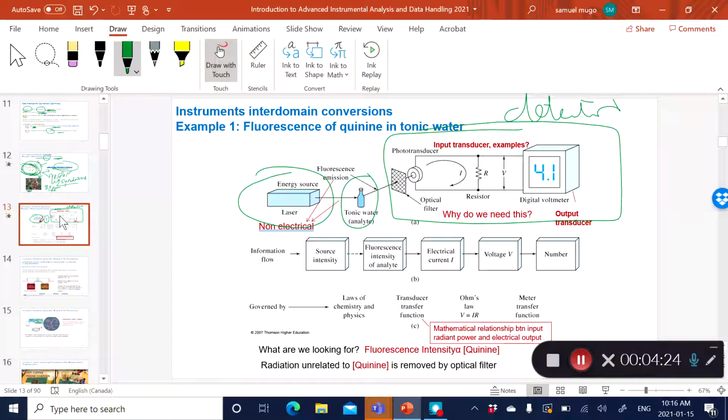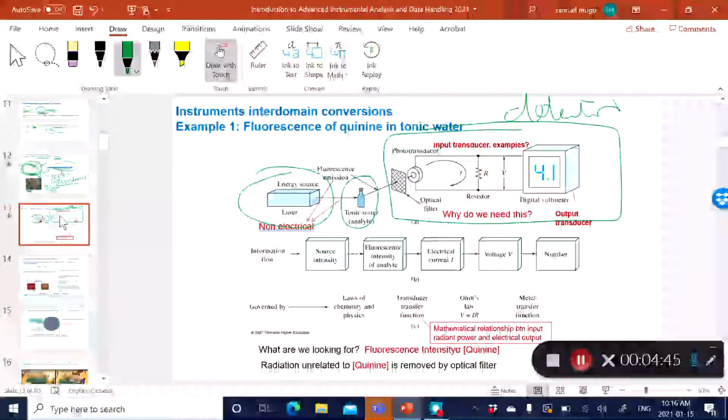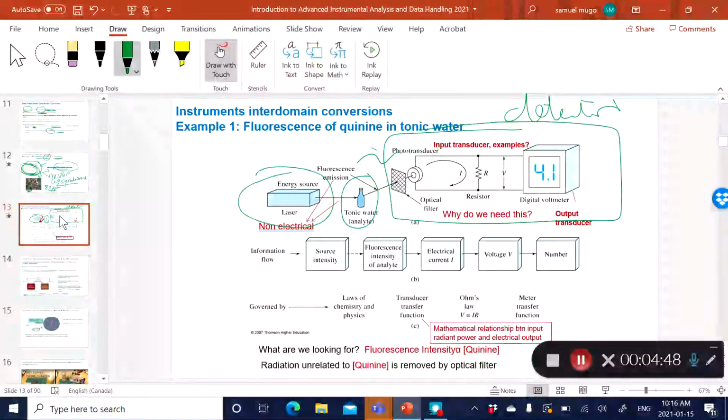Now, in that case, of course, there are all those components in the detector. So you're going to see that the laser, which is a physical quantity, impinges on the tonic water and a response happens, meaning you get excitation of the electrons from the ground level to an excited state, and then after that, they relax back to the ground state, resulting in emission of a photon. So in here, essentially, you still have an emitted photon coming from the tonic water.